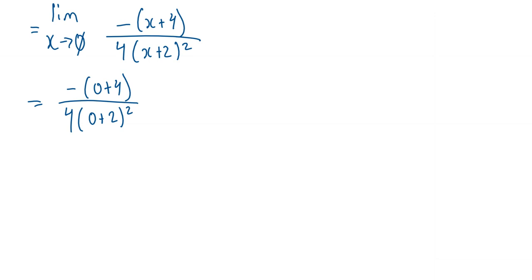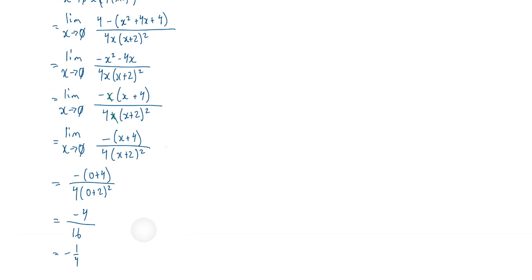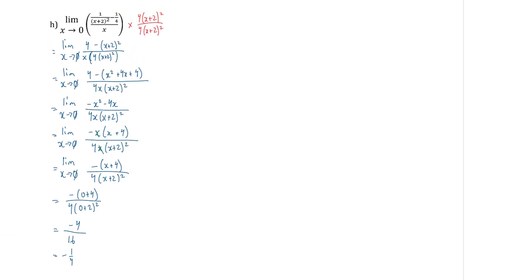And I get negative 4 over 4 times 4, which is negative a quarter. Okay, so there's an example of a fraction question, common denominator question. That's one of the other strategies that we have already seen and that hopefully we're already familiar with.